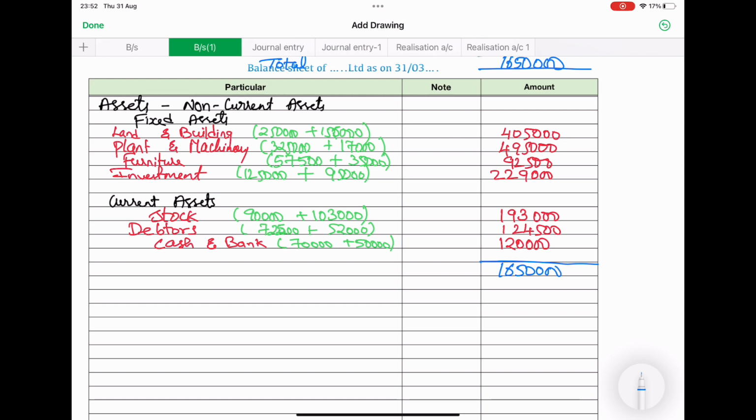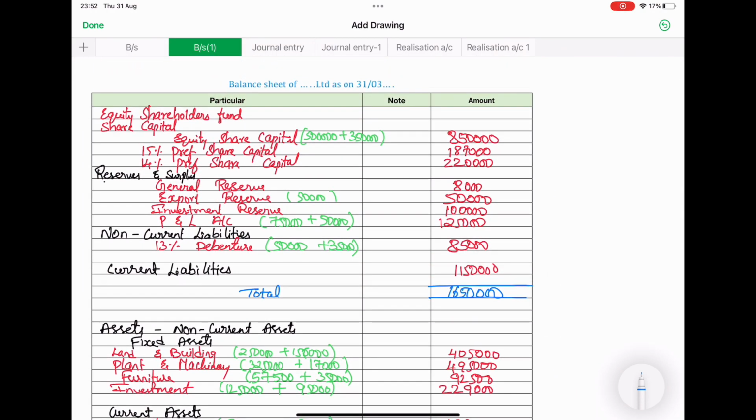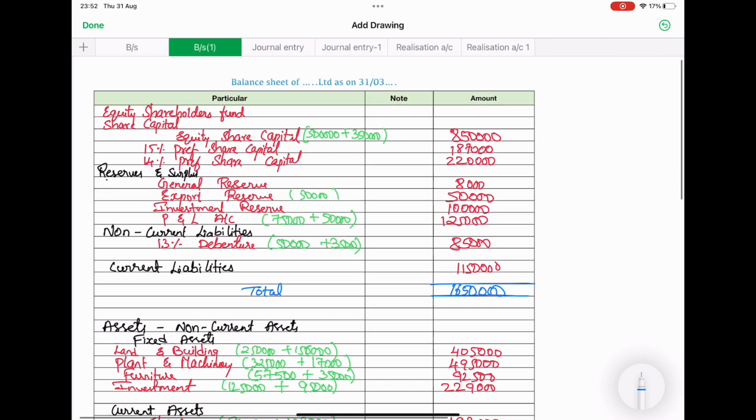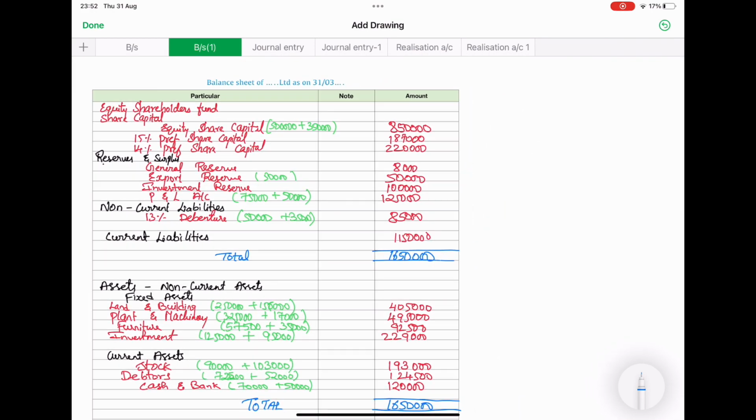So the totals A and B are matching now, which means assets and liabilities are matching. So our problem is correct. There are no mistakes in the calculations, isn't it? So simple problem, very easy.